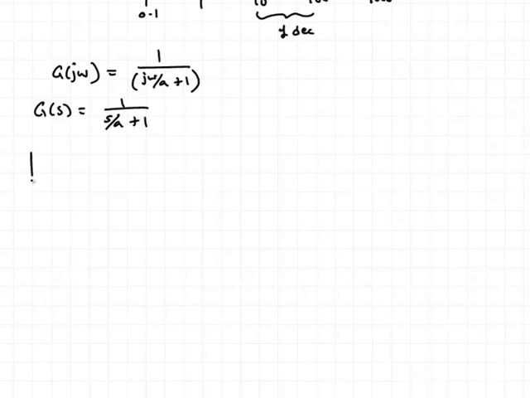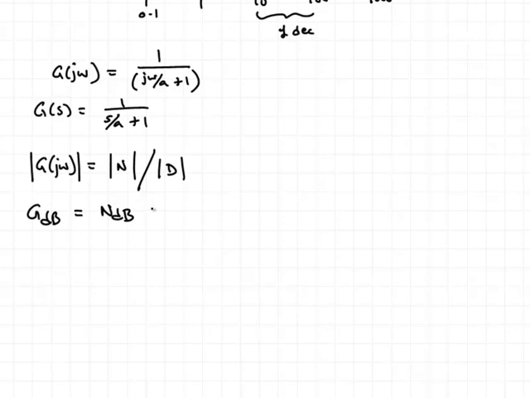Well, the magnitude of G is equal to the magnitude of the numerator divided by the magnitude of the denominator. And if I plot this in decibels, magnitude of G in decibels is going to be equal to N in decibels, remember, minus the denominator in decibels.